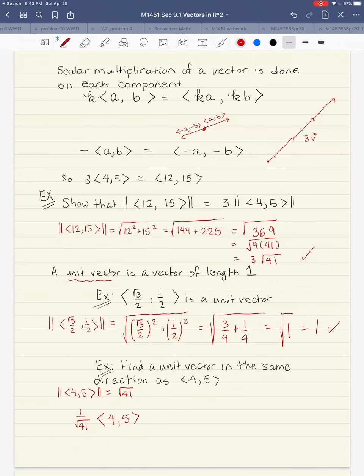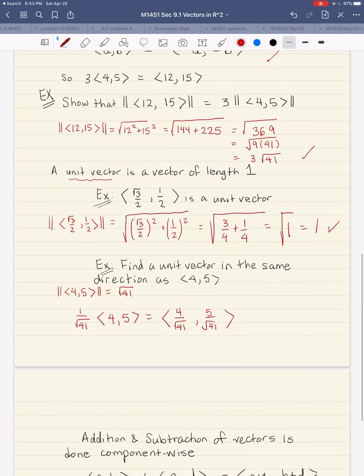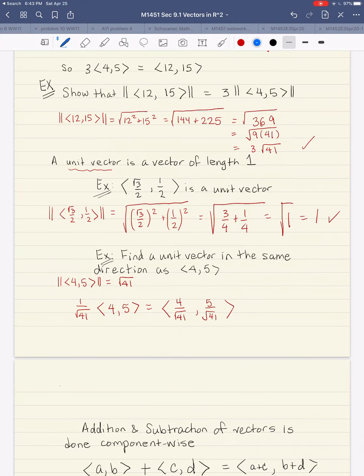So if I take this vector and scale its components down, I have a unit vector that has the same direction. If I wanted a unit vector in the opposite direction, I multiply by the negative reciprocal of the length. And now I can find a vector that has the same direction and maybe a length of 8. So a vector in the same direction with a length of 8.